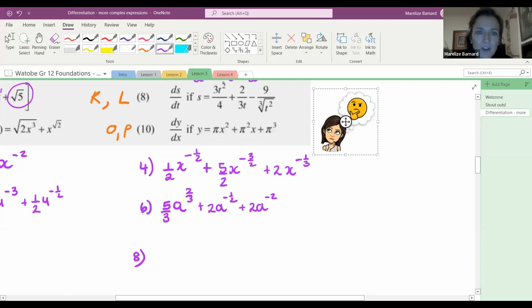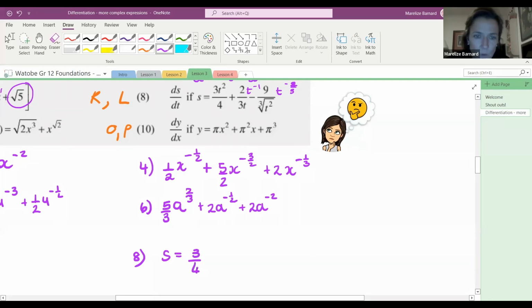Okay, so we're going to go 2 times 3 over 4. This is going to go to t to the minus 1. And this will be t to the minus 2 over 3. Okay, but let me write that maybe, because there's a bit of work to do there.